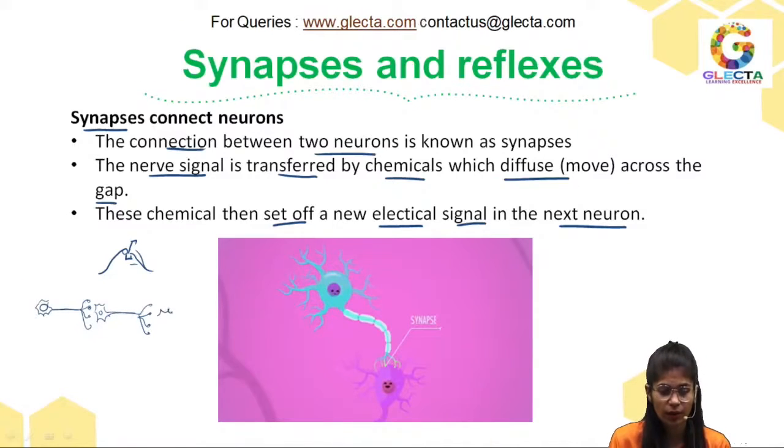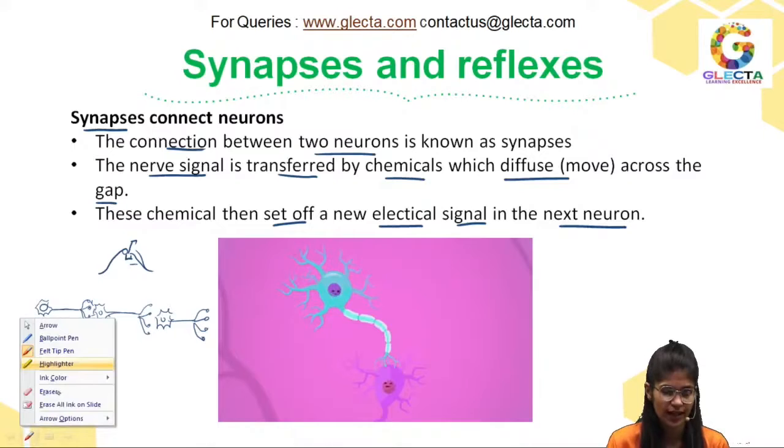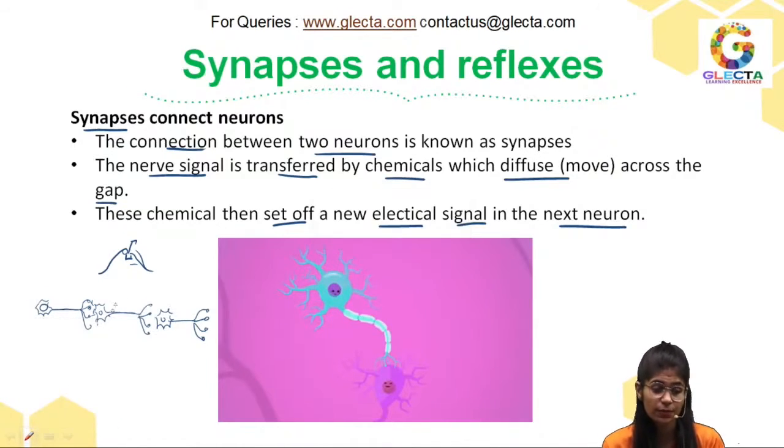You can have another one because I have space. So if you see, I have not joined the nerve endings of one with the body of the other. Why? Because that is where the synapse is. Let me draw the synapse a little bigger so you do not forget that there's always space between two neurons.